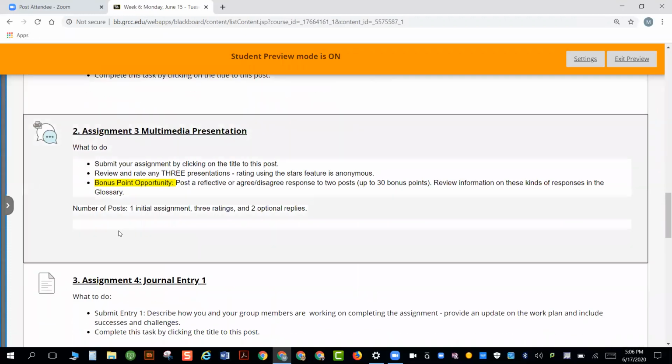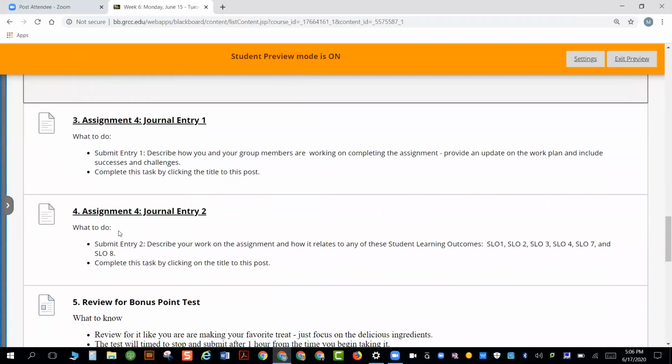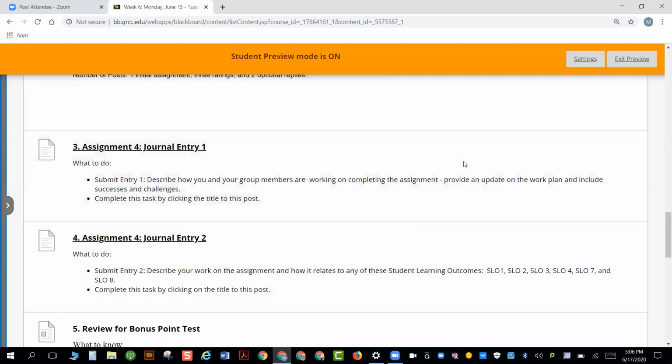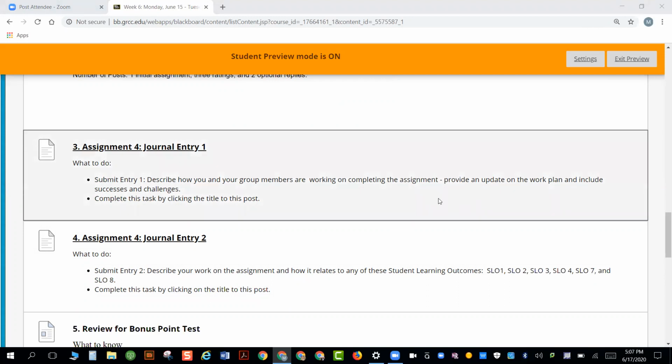I'm inside week 6 right now, and yeah, there they are. So these, I had to create them as actual assignments, so you can just submit them directly to me. So this is where you would submit those 2 journals. And those journals are not too hard to figure out what they're asking you to do, but understandably why I don't want it to go to everyone.